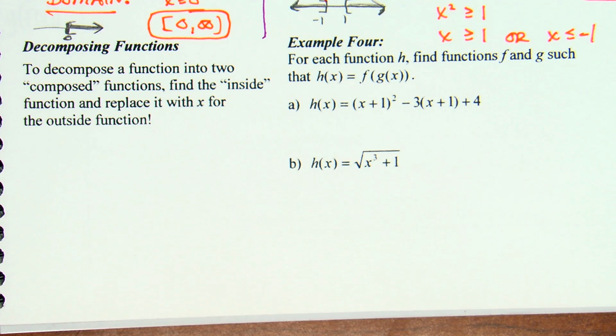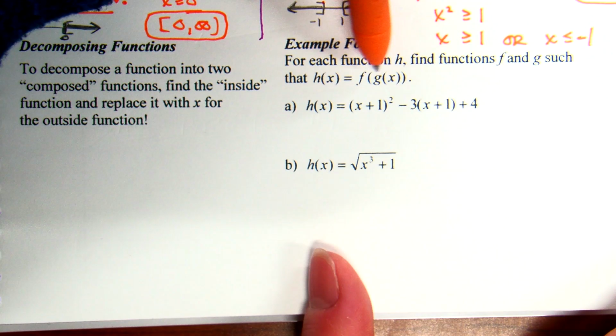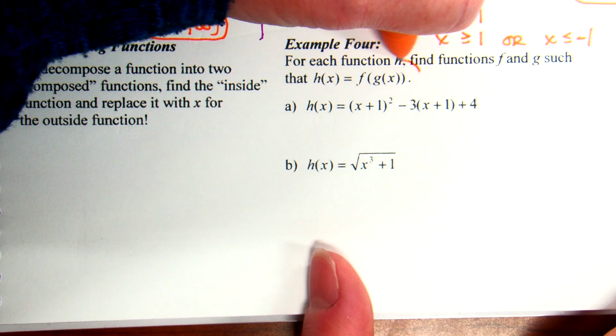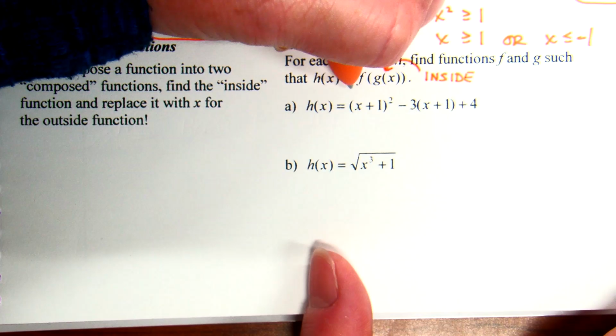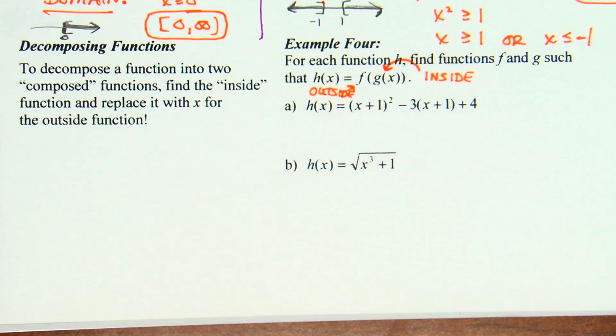So what I will point out here, as we're trying to find f and g, notice g of x is my inside, right? And that means f of x is my outside. So we're trying to find an inside function that I'm plugging into an outside function.